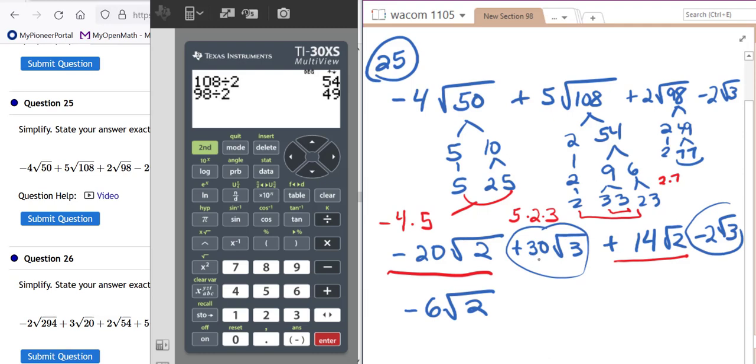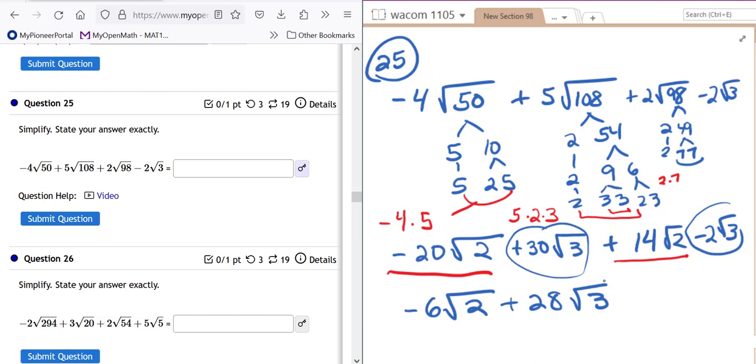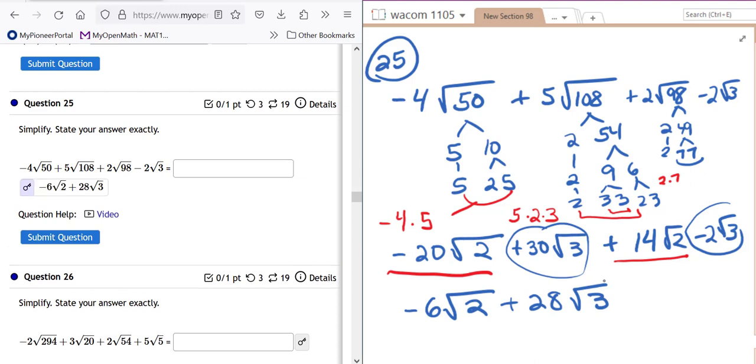And so it'll be 30 minus 2 is 28 times the square root of 3. So that one gave us a good workout. Negative 6 square root of 2 plus 28 square root of 3. Next one will be the same kind, so I will skip it.